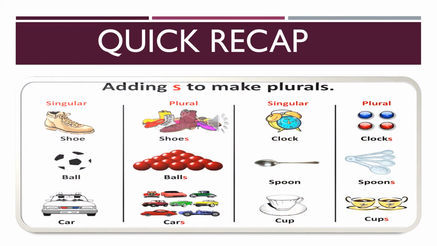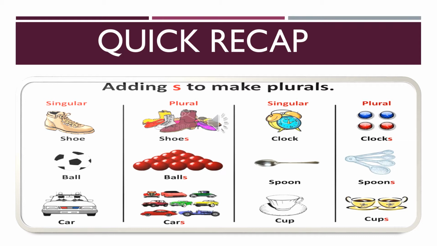First, we will have a quick recap of what we have studied in the last two videos, as this is the third part of chapter 4. In those videos, we have studied that a noun can mean one or more than one person, animal, place or thing.